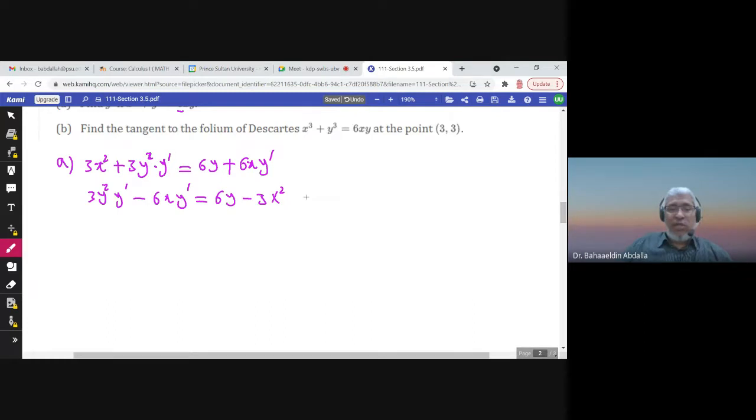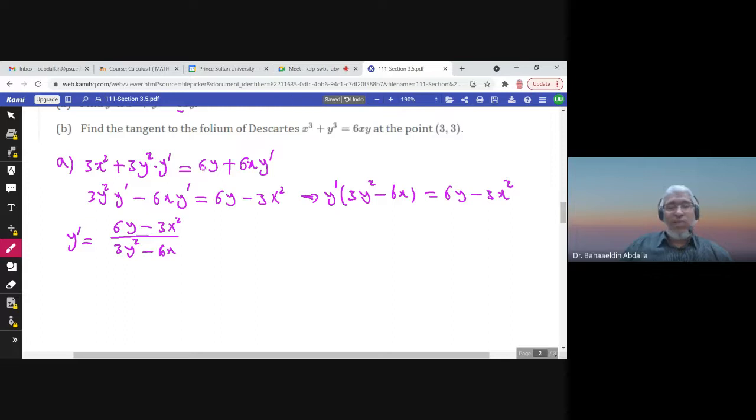Now I can take y prime as a common factor from all the terms in the left hand side. And finally, I can find y prime by dividing by the coefficient of y prime. So y prime would be 6y minus 3x squared over 3y squared minus 6x.